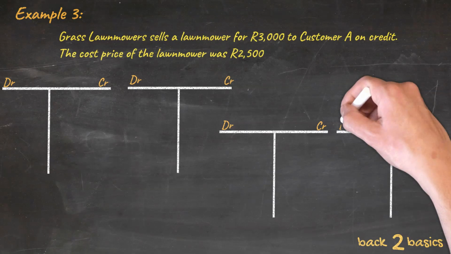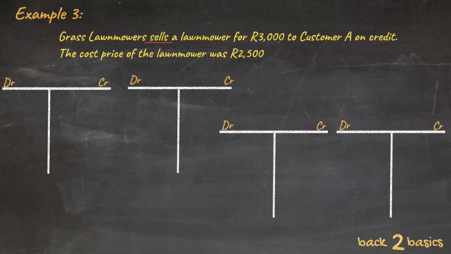Firstly, a sale took place for 3,000 Rand and it was supplied on credit. When something is supplied to someone on credit, that person, or it might be a business, is known as a debtor. So the two accounts affected in this part of the transaction are the sales account and the debtors control account.